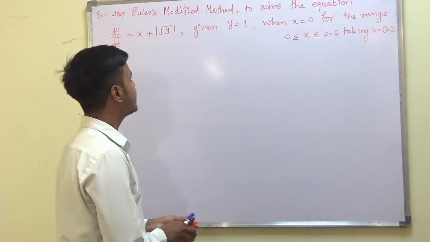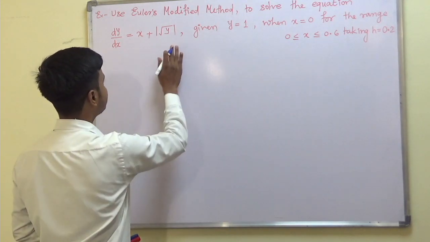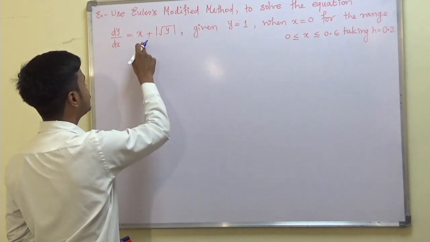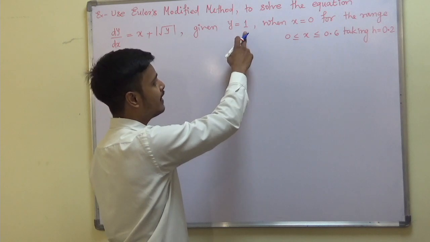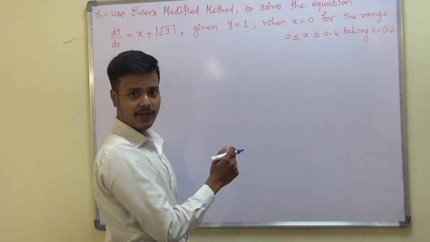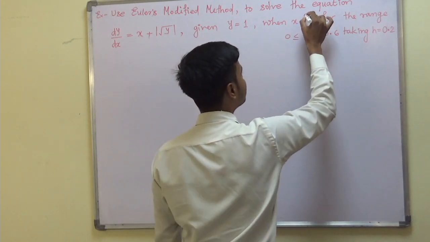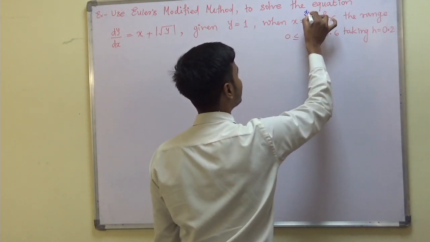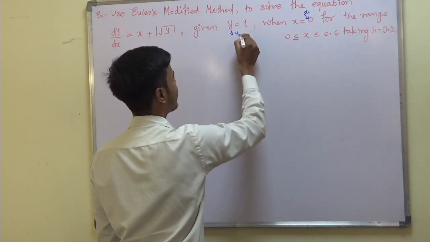The problem says use Euler modified method to solve the equation dy by dx is equal to x plus mod of y, given y is 1 when x is equal to 0. So this is nothing but the value of x0 and this is the value of y0.